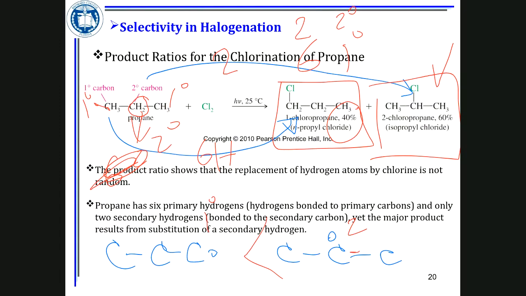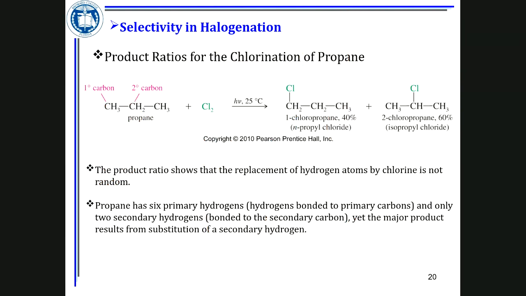It's even more significant, because 60% of the product is coming from only 2 hydrogens. Any of these can be replaced and it gives you 60% of the product. And the 6 hydrogens, these 2 CH3s, yield only 40%.